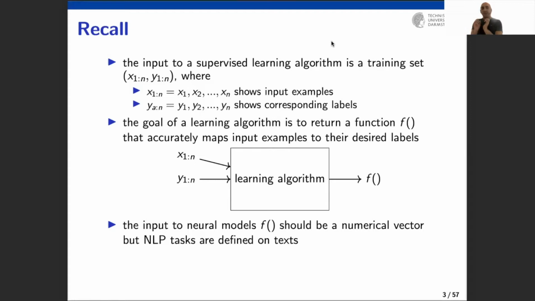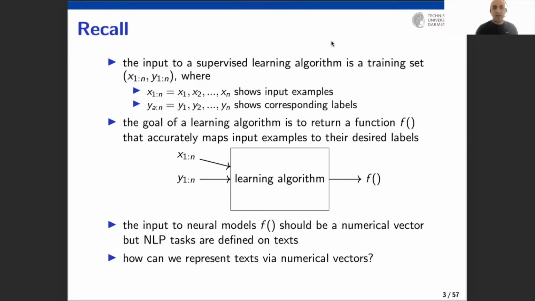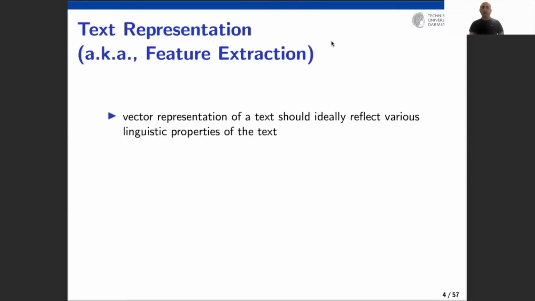Why? Because we know that the input to any learning algorithm, any neural model, or any classifier is a vector of numbers. Now we ask the question: how can we represent texts via numerical vectors? That's why we will talk about text representation. Text representation is also known as feature extraction.